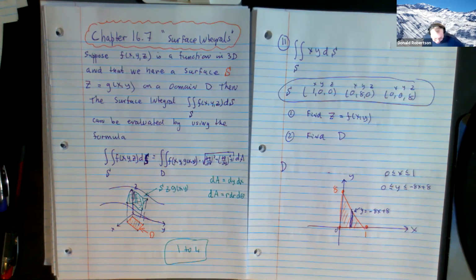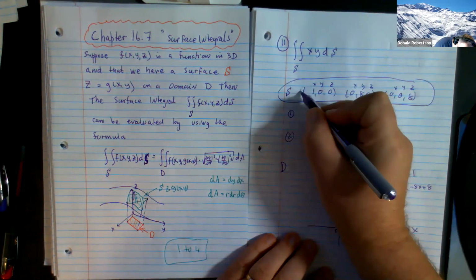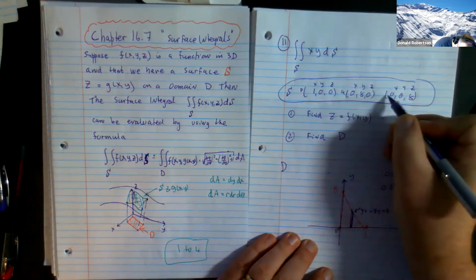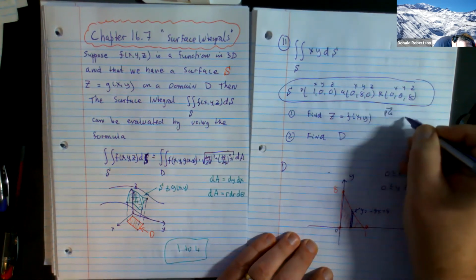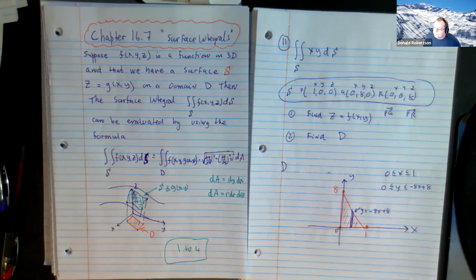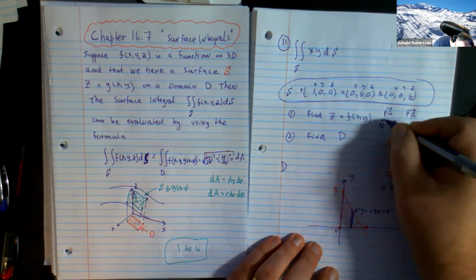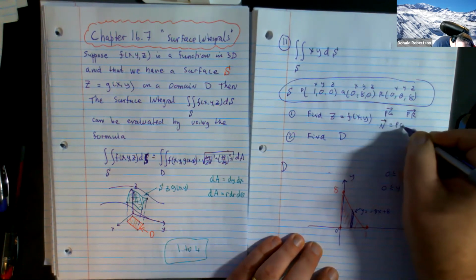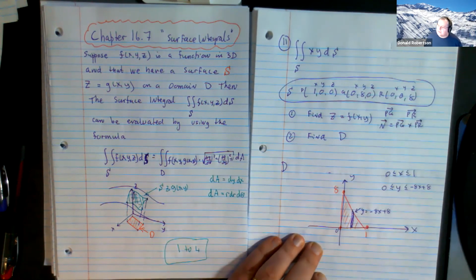The bit I'm not going to do in any great detail is find out what z is. But if you call this guy P and this guy Q and this guy R, won't you find the vector joining PQ and the vector joining PR? Then you will find what's called the normal vector to the plane, which is the cross product of those.